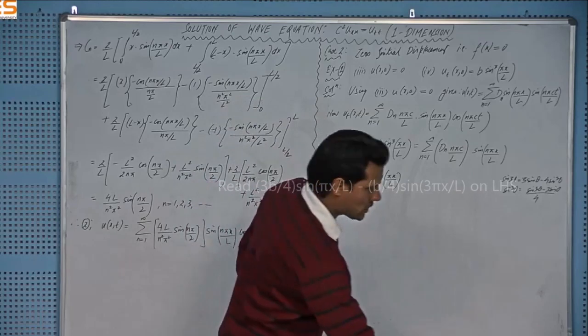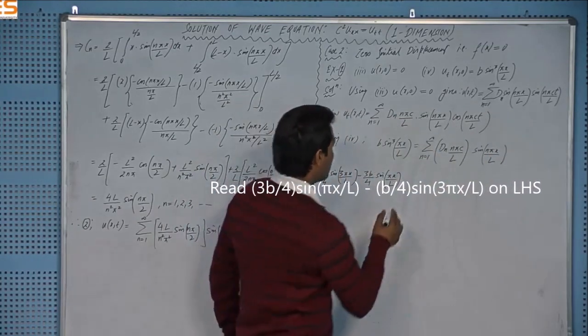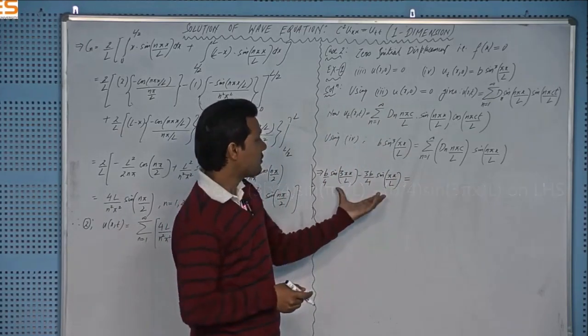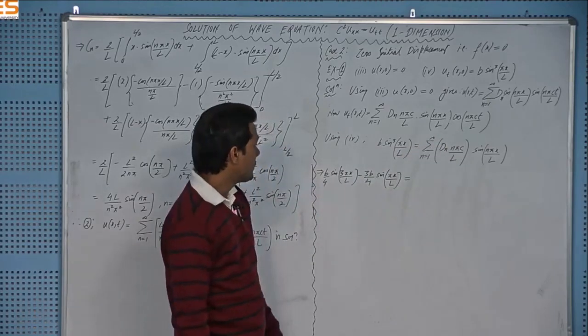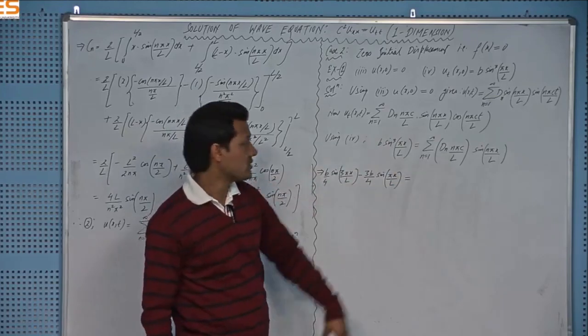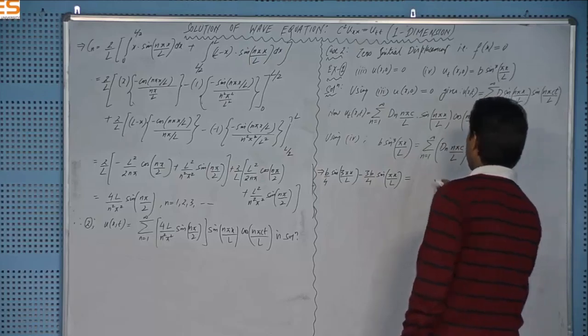And now I don't need this formula. Since the left hand side is a sum of two sine functions, on the right hand side I have to put n equal to 1, 2, 3 and so on. So I will see here n equal to 3 and n equal to 1, and the rest of the terms will go to 0.